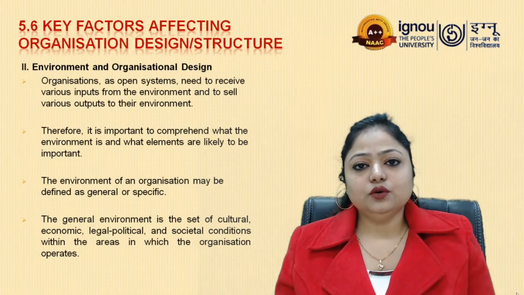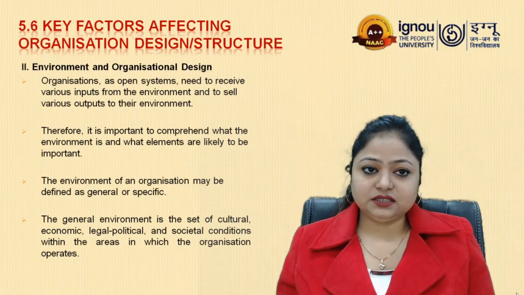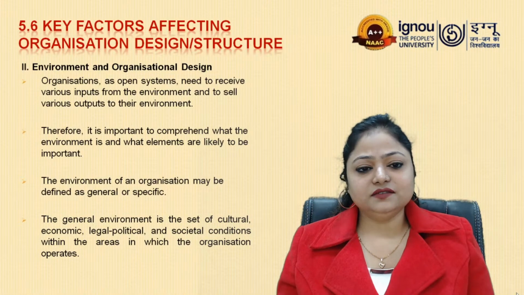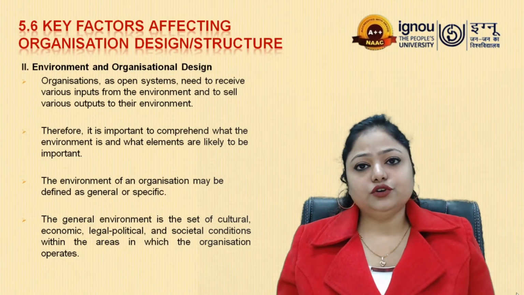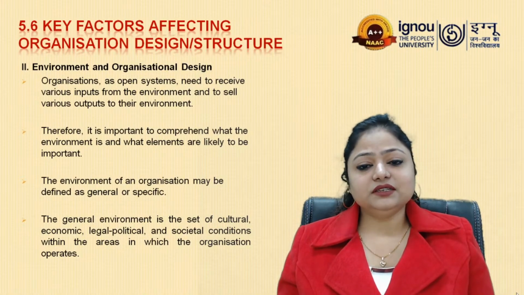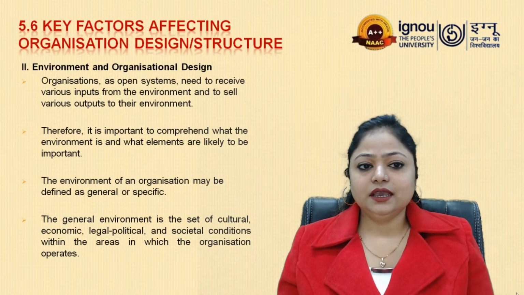In the entire transformation process of transforming input into output, there are various variables or factors in the environment which are going to affect the processing also. So it is important to comprehend what the environment is and what the various elements are that are likely to affect the overall organizational performance. So keeping in mind the environmental factors is very important when it comes to organizational design.